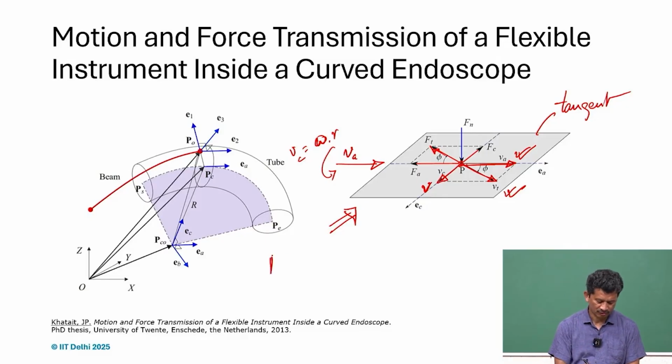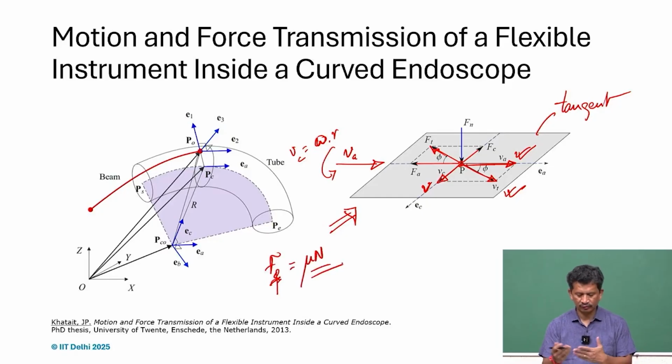Your friction force is mu n. The magnitude, of course, depends on n. Mu we are assuming is a constant, but the direction will change because the direction of the slip velocity has changed. What we realized is that there is an angle between the axial direction and the actual friction force, and this angle is defined by phi.